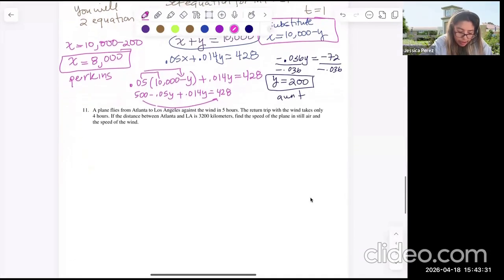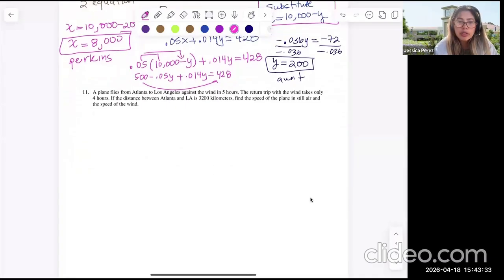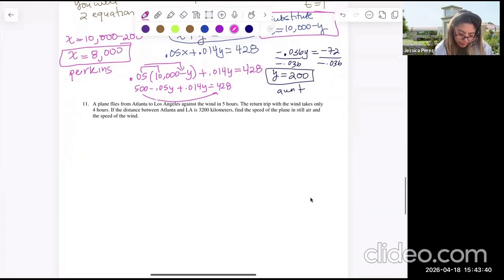For question 11, it's quite a different approach because you're using distance, rate, and time. So a plane flies from Atlanta to LA. First it's saying against the wind, so when you're against the wind, you're going slower. And the return is with the wind, and it only takes 4 hours.